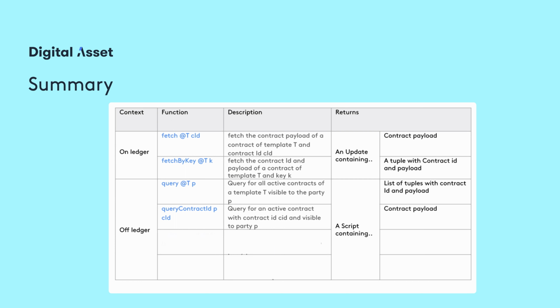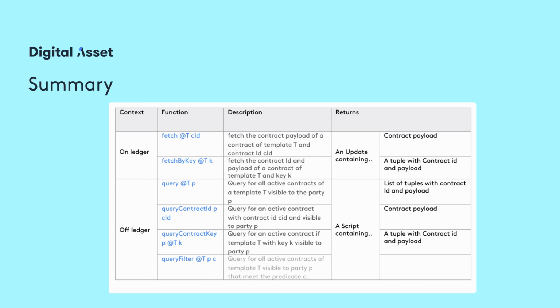Third, QueryContractKey takes a party P, the template type T, and the key K, and looks in the active contract set for contracts with key K visible to the party P. If it's found, it returns the tuple with contract ID and the payload. And fourth, QueryFilter, which takes the template T, party P, and a predicate C, and then returns a list of tuples comprising contract IDs and the payloads if they match the predicate and are visible to the party.